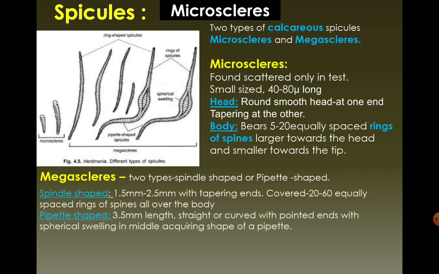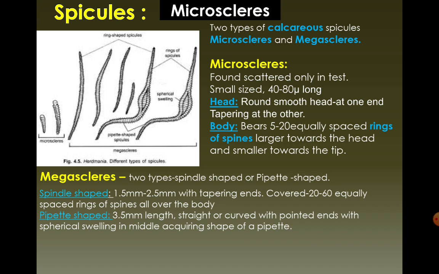These spindle shaped ones measure about 1.5 mm to 2.5 mm with tapering ends, and they are covered by 20 to 60 equally spaced rings of spines all over the body. Whereas the pipette shaped ones measure about 3.5 mm in length. They could be either straight or curved with pointed ends with a spherical swelling in the middle, acquiring the shape of a pipette, and hence the name pipette shaped megascleres.